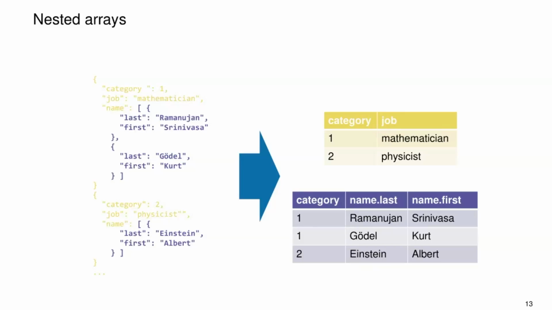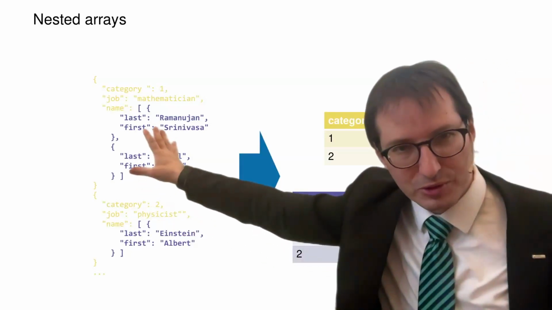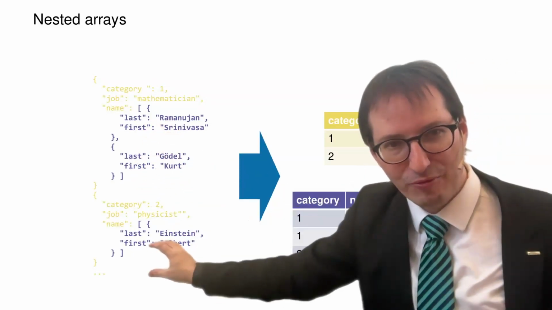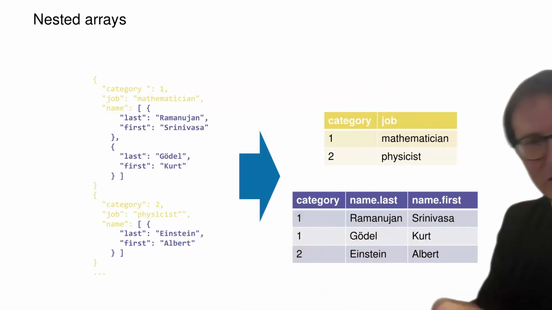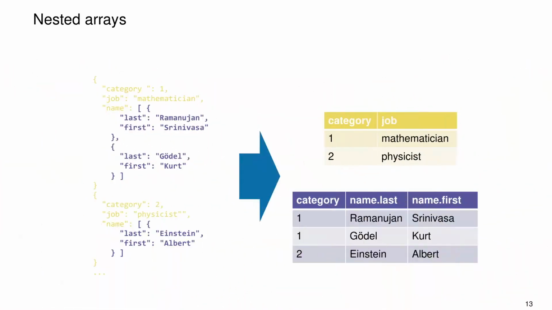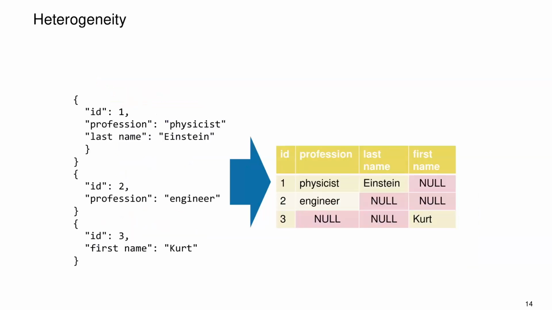Does that make sense? We just use one additional table for every nested structure that we might have here. So it's not trivial. You can do it on a case-by-case basis, but you can still make it work in some cases.